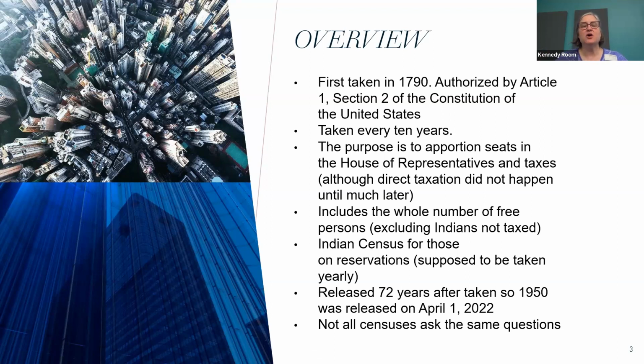Now, it includes the whole number of free persons, but excludes Indians not taxed, depending on federal status and citizenship of various things, which is beyond our scope tonight, but just know there are some exceptions. And then, obviously, in the last class, we talked about the 3/5 compromise and that information.